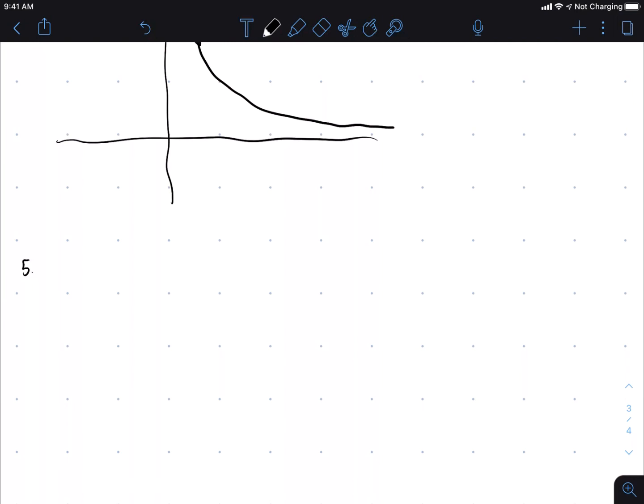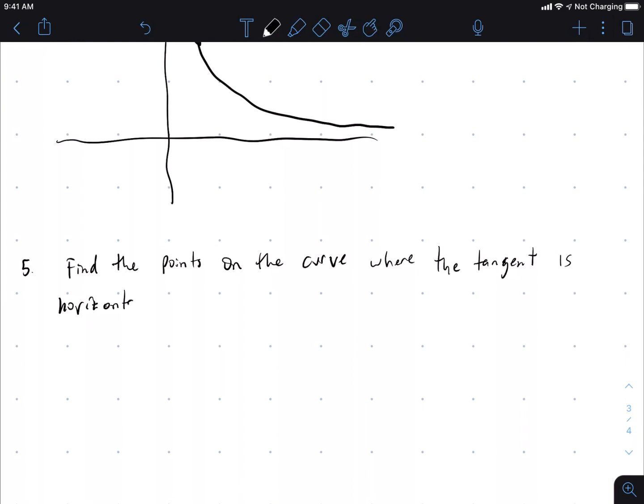And the next one says, it's a bunch of writing. So it's saying, find the point on the curve where the tangent is horizontal or vertical.